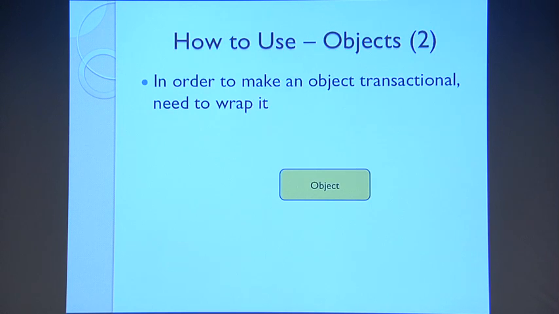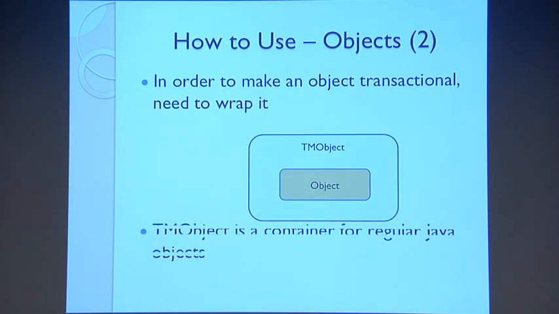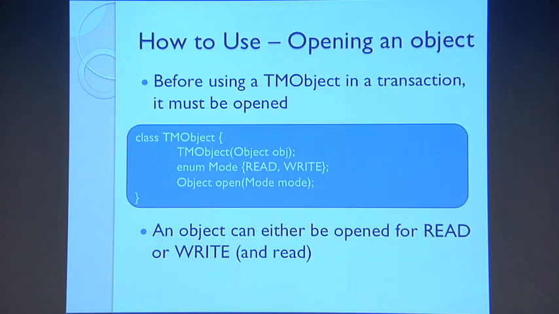So what I suggest is to take each object. In Java, most of the stuff are objects. So take each object and just wrap it with something that's called a TM object. We'll see why it's useful. It's just a container. We wrap each object with a TM object, and this TM object can be used to open. It has an open method that also gets a mode.